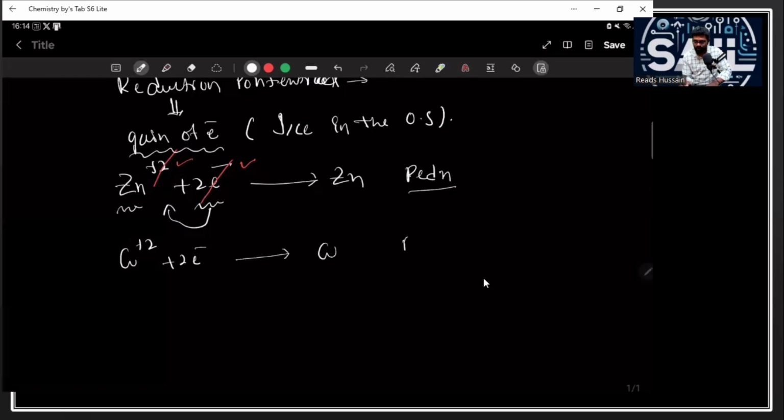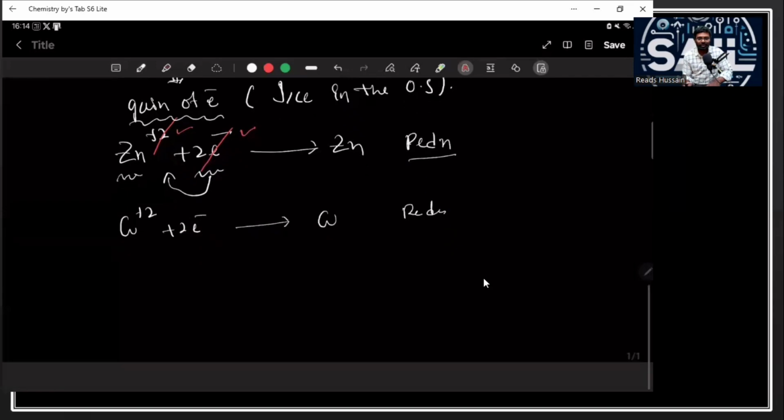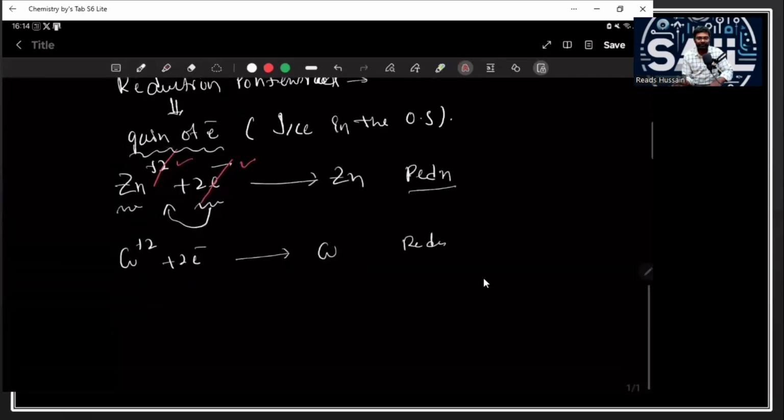This is a reduction process. Here the oxidation number is reduced from plus 2 to 0 by the gaining of 2 electrons. Here we are discussing reduction itself, so we have to understand the meaning of reduction and how the reduction process takes place.